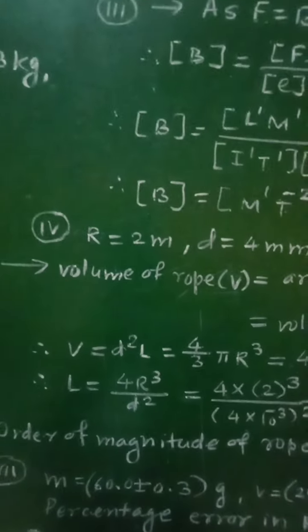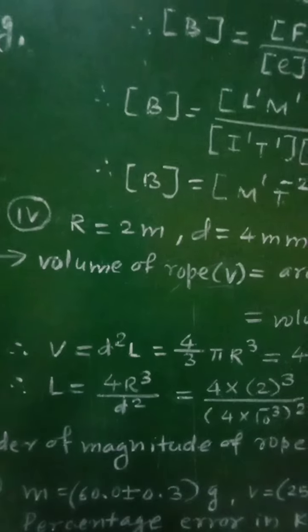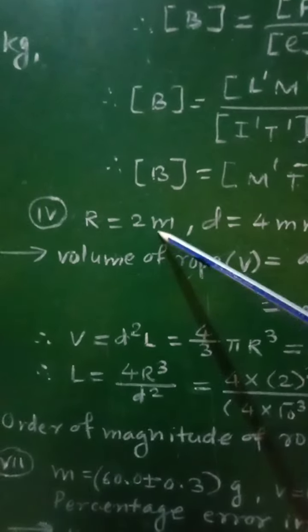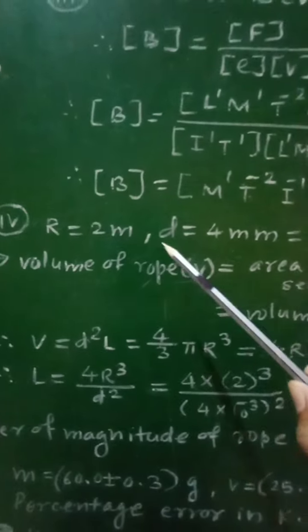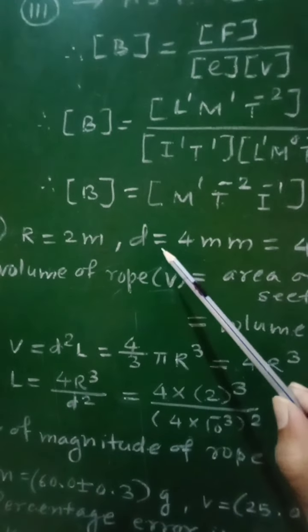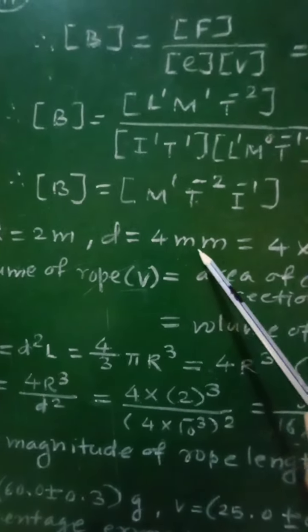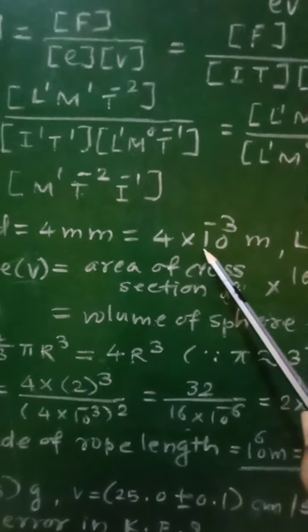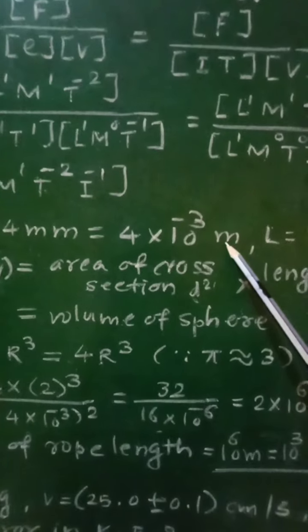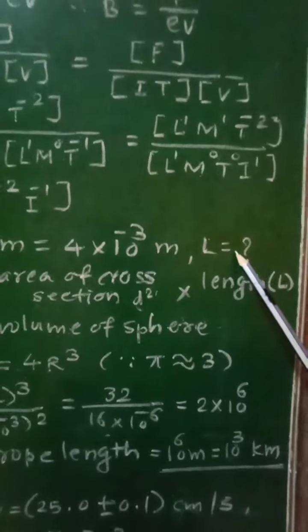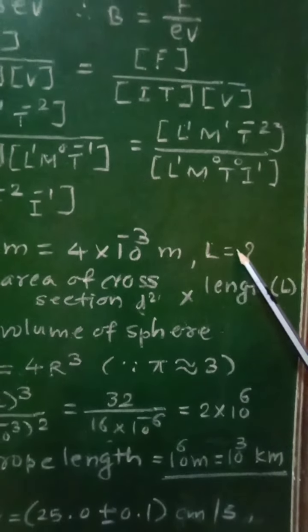And therefore, for this numerical number 4, given data is radius of the ball is given 2 meter. Then each edge of that square cross section of the rope is d equal to 4 mm. That will be equal to 4 into 10 raised to minus 3 meter. And we have to find out the rope length L in proper order of magnitude.